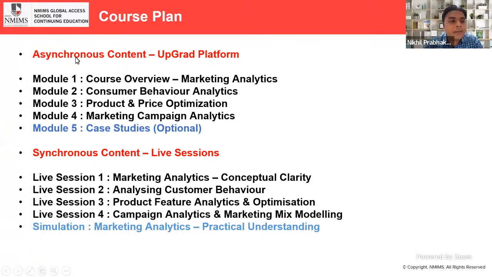Live session 3 is mapped to module 3 from your upGrad platform asynchronous content, and this is where we'll complete our second week of discussions. In our next week, we will go towards module 4, where we look at campaign analytics. And with that, I think we'll be able to conduct even the simulation part pretty well.